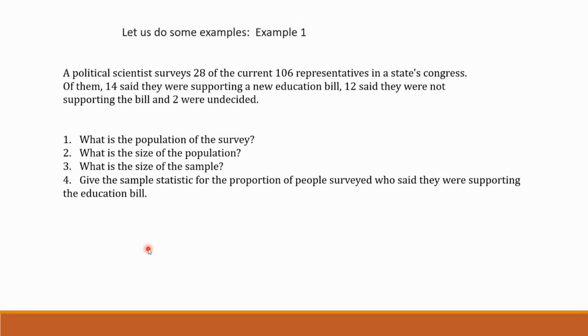So this is one I actually got. I think it's in the textbook. Here, a political scientist surveys 28 of the current 106 representatives in a state's Congress. Again, it's hypothetical. 14 of those people said they're supporting a new education bill. 12 said they would not. 2 of them were undecided.